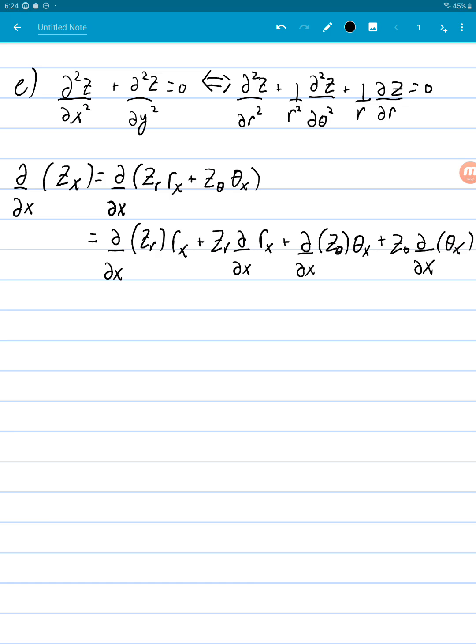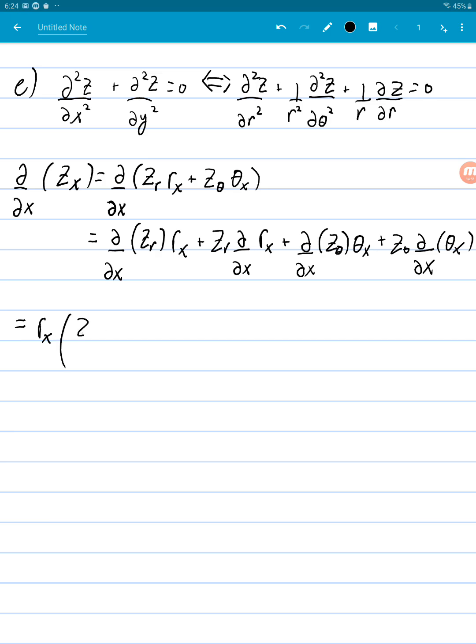Having that, we then need to expand that out further, because we'll need to apply our implicit differentiation to the zr and z theta. No, we don't need to do that for the rx. So I'll bring the rx out front of this first set of brackets.